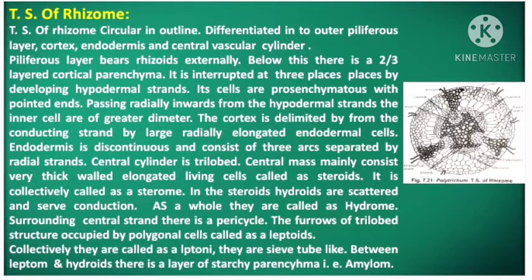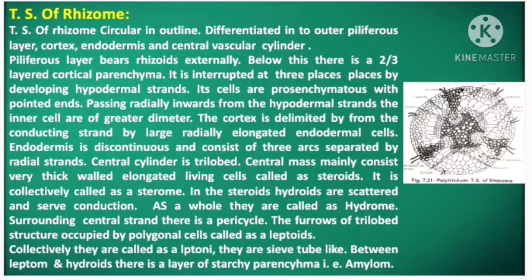Below this, there is a 2 or 3 layered cortical parenchyma. It is interrupted at 3 places by a developing hypodermal strand. Its cells are prosenchymatous with pointed ends. Passing radially inwards from the hypodermal strand, the inner cells are of greater diameter.